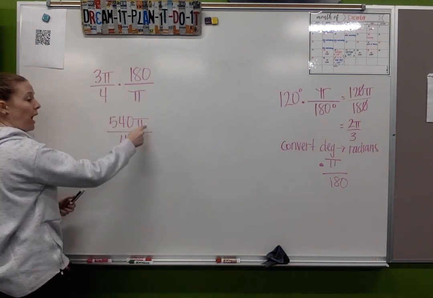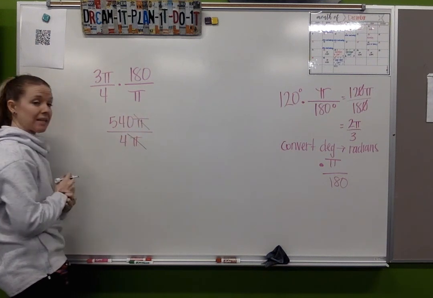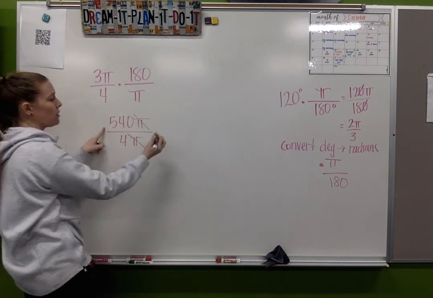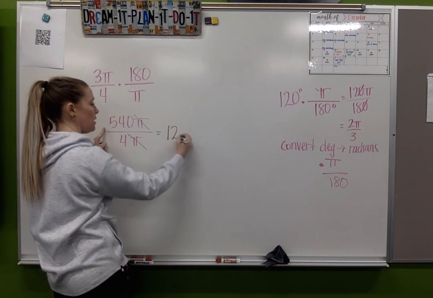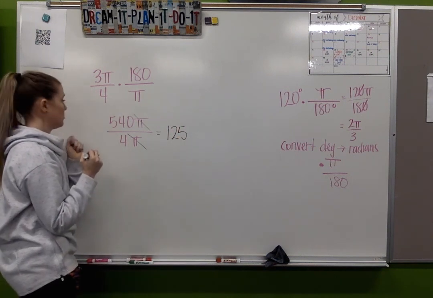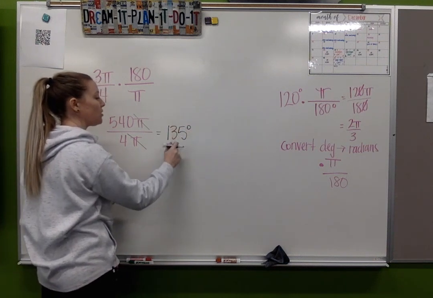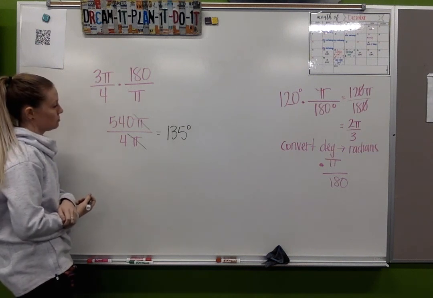All right, pi divided by pi equals 1, so it's going to reduce out. And 540 over 4, that is going to give me 125. No, 135. There we go. 135 degrees. And that's it.